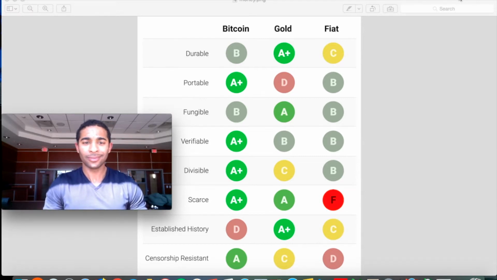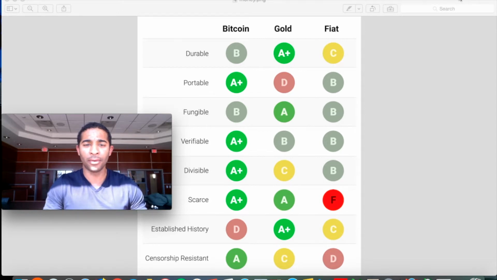And so looking at the established history, this is really where Bitcoin is the weakest. Again, Bitcoin's only been around for 10 years, but it's my belief that in another 10 years, Bitcoin will be seen by many as basically a fact of life, the same way that many people don't question whether the internet is going to be around tomorrow.